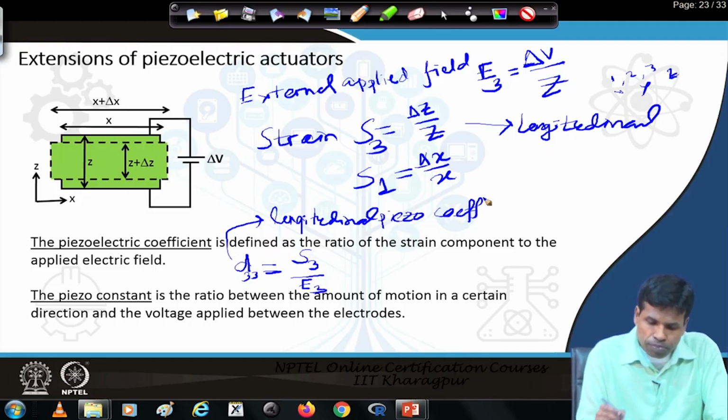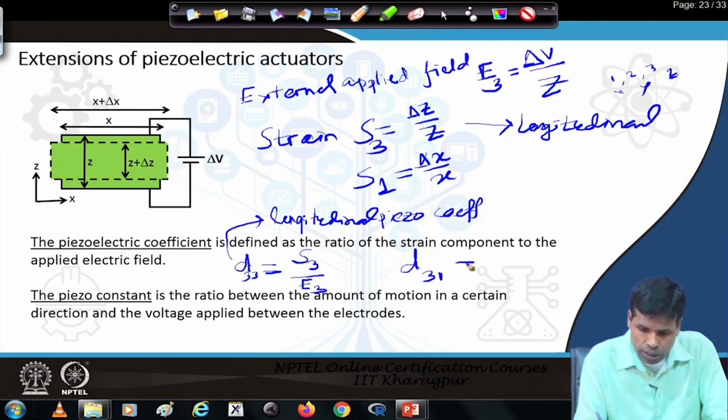Similarly, in the transverse direction, we can write D31 is equal to S1 divided by E3.